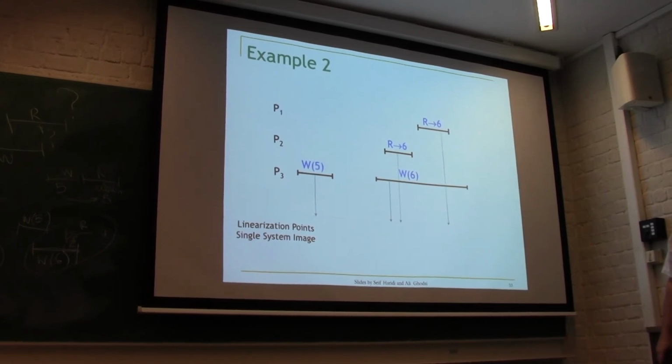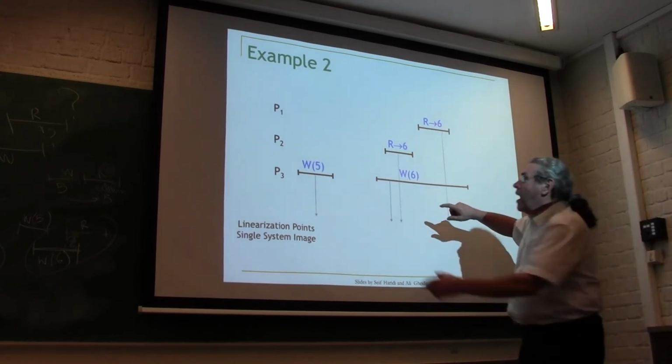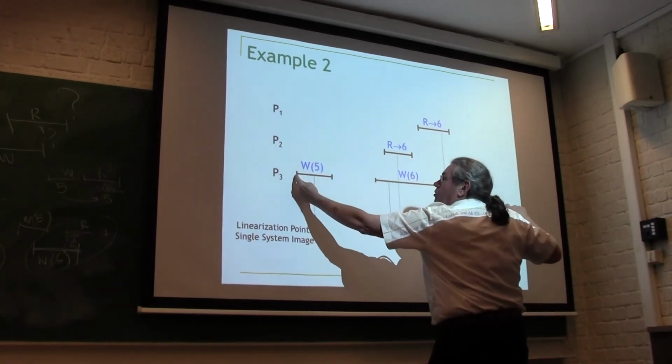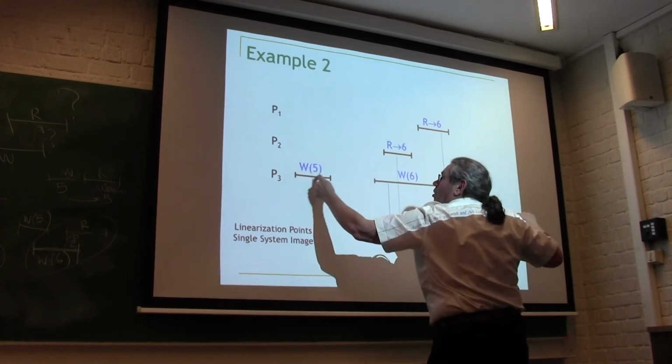We don't have the actual time steps. They may not even exist. All we have is this: we know the beginning and the end, and we know what we were writing.